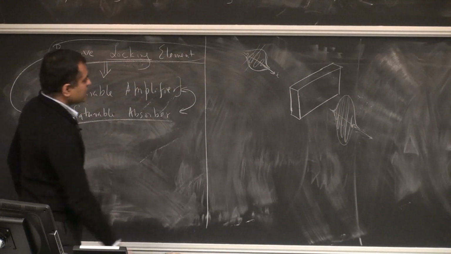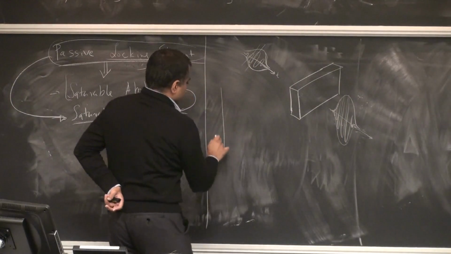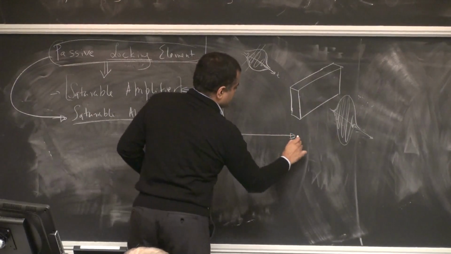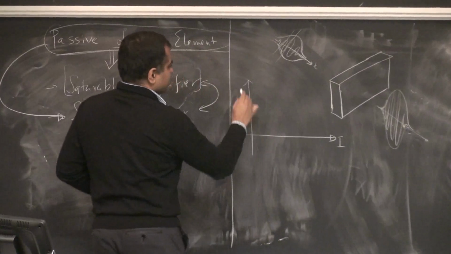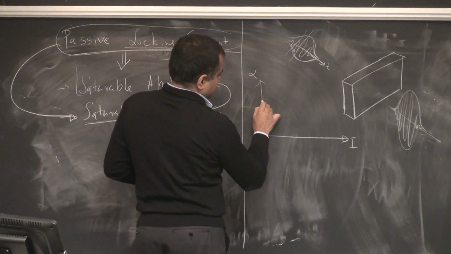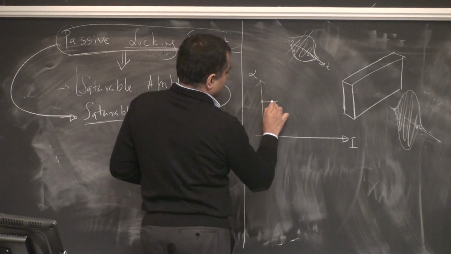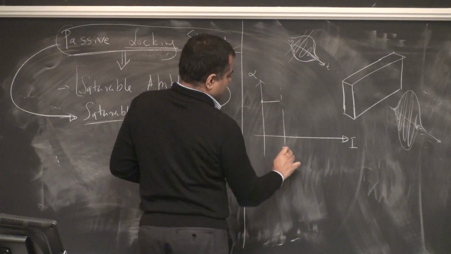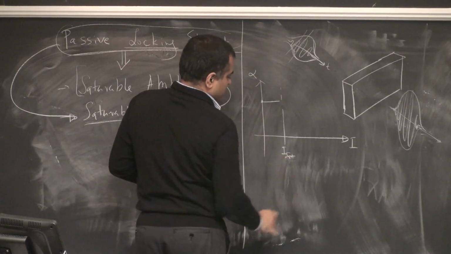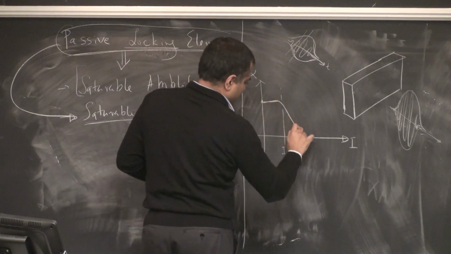Okay. But why is it called saturable? It's because if I look at a saturable absorber, as a function of intensity, the absorption coefficient is, initially you have very high absorption coefficient, but at some point you reach a certain, let's call it a saturation intensity, and then it drops very sharply.